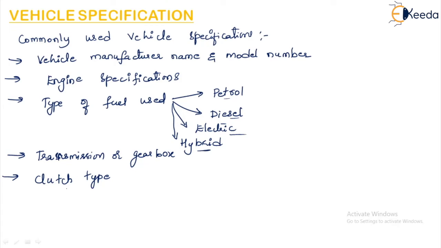Then the next factor which we are considering when we are specifying a vehicle is braking system specification. So when we get into the details of this transmission, clutch type, braking system, all these are the construction factors of a vehicle. So generally we use all these construction factors for the specification of a particular vehicle.